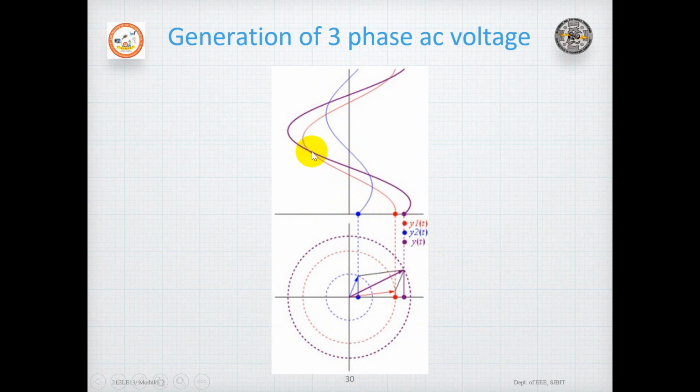One voltage is produced at a particular point, the other voltage starts after a certain phase shift, and after a certain phase shift the third voltage starts. But they are equal in magnitude.